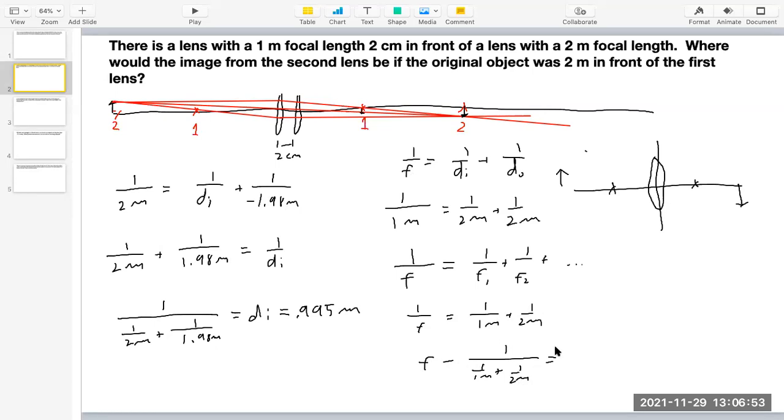Got 2/3 of a meter. And we can just use this once.